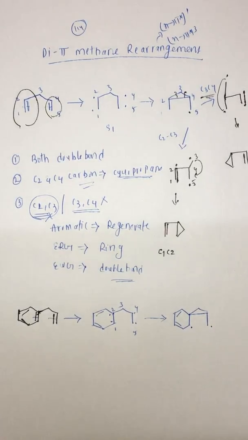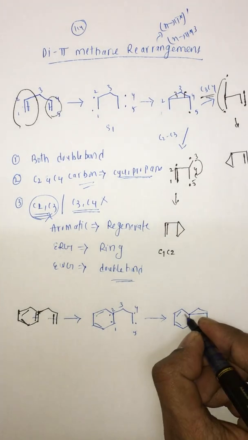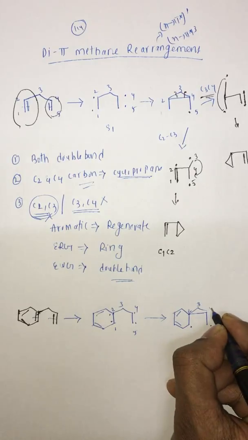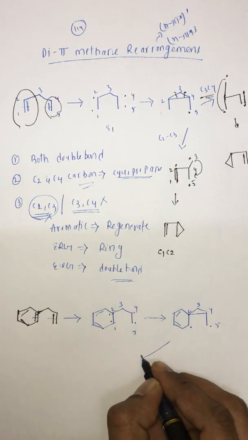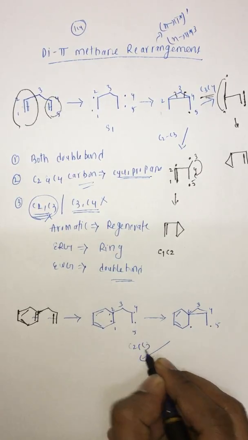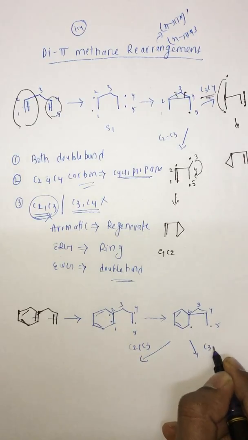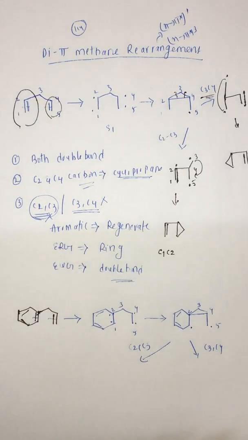We have it like this. Now C2 C3 C4 C5. Now we will see C2C3 breakage and C3C4 breakage. Now you will get a clear idea.